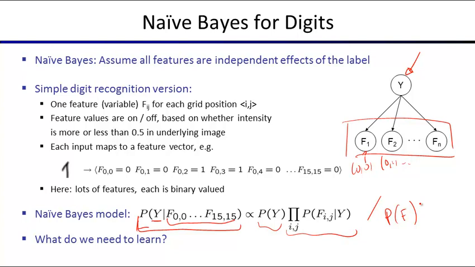But since the probability of all the features is not dependent on Y directly, and all we care about is finding the Y that's most likely, we can ignore this, because it will not affect who is the winner among all Y's, and we can just look at this part, and based on that score, which Y is the most likely label.